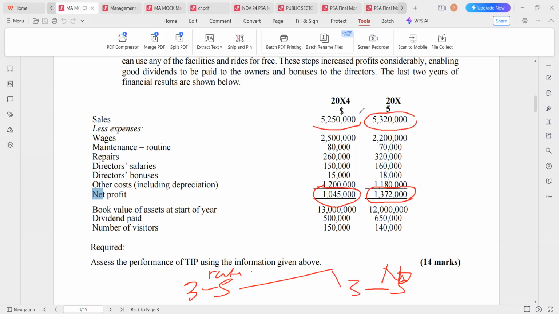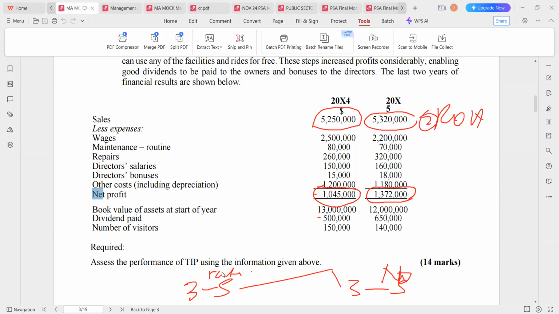So that's the first ratio you can calculate, net profit margin. After calculating it, it's easy to write a report and go. Second ratio you can calculate: there's a book value of assets at the start of the year, so you can say return on assets. Still pick the net profit divided by the assets. So that's ratio number 2 you can calculate.